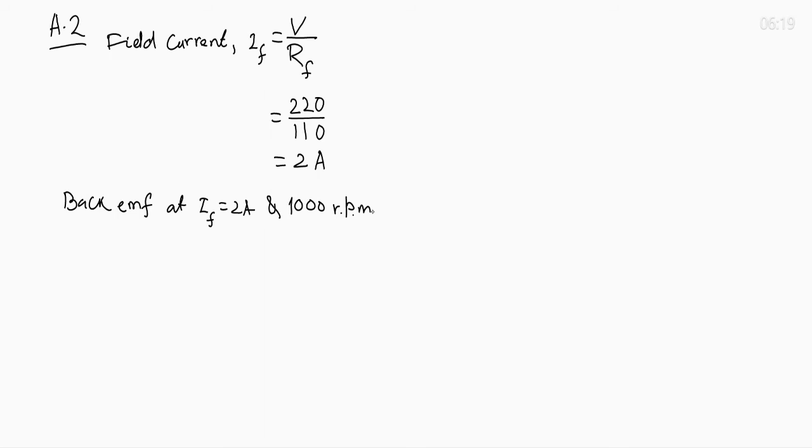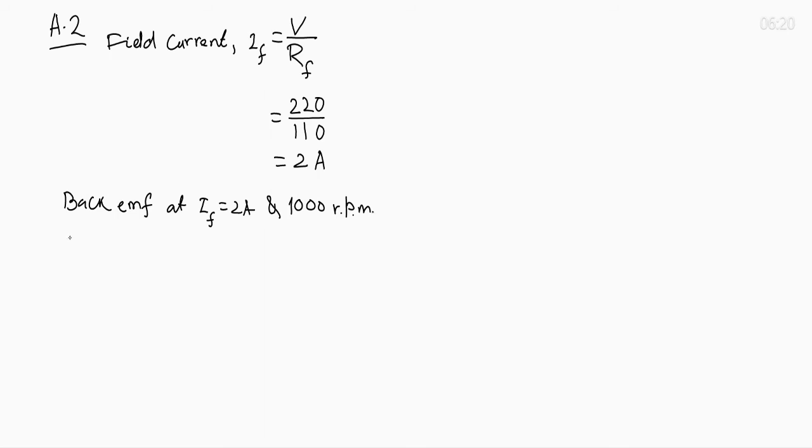As you see from the magnetization characteristics, at 2.5 ampere field current, EMF is 40 volt. At 5 ampere field current, which is just double the first value, EMF is 80 volt, just double. That means for field current from 0 to 5 ampere, the magnetization graph is linear, a straight line. So by interpolation, the EMF can be determined.